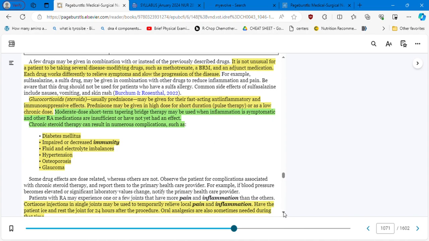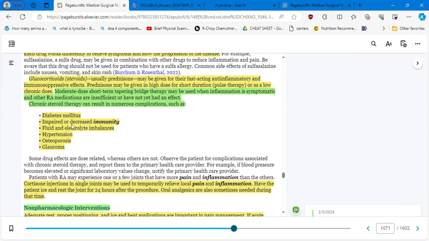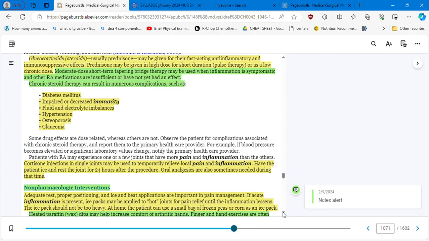They can increase the blood glucose, impair or decrease immunity, and cause fluid and electrolyte imbalances, hypertension, osteoporosis, glaucoma. Okay, glaucoma. So the patient is at risk with rheumatoid arthritis to have eye involvement like retinitis, and on top of that, by receiving the prednisone, they can develop glaucoma.